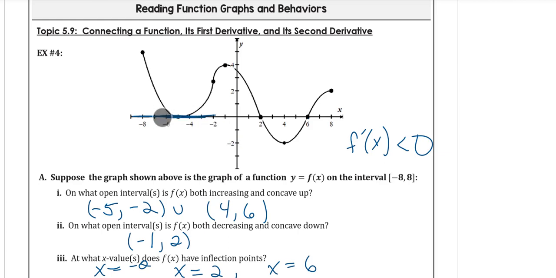So it's going to be here where I have a horizontal tangent line at -5, here at -1, and here at 4. Okay? And so let me write that down along with my reasoning, that f double prime would be 0, and also the derivative is changing sign, from negative to positive, then positive to negative, and then negative to positive.